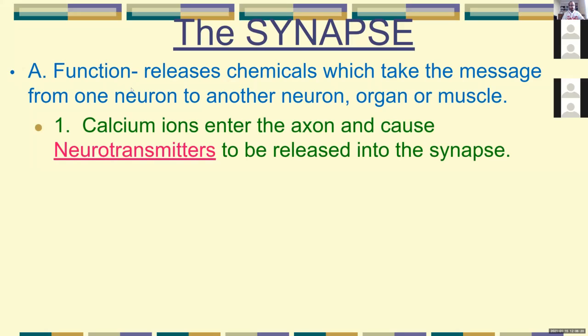This is what I want you guys to remember and memorize. This is accomplished by calcium ions entering the axon that has the original impulse, then causing that axon to release neurotransmitters into the synapse. Now this happens really fast, and this is happening all the time right now as you're just sitting here listening. It's happening constantly in your brain.